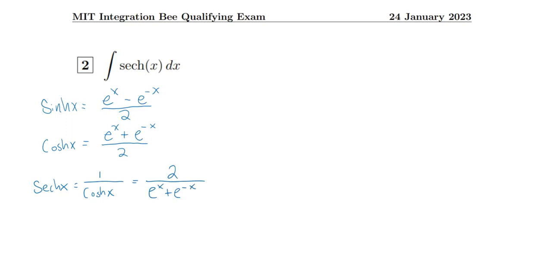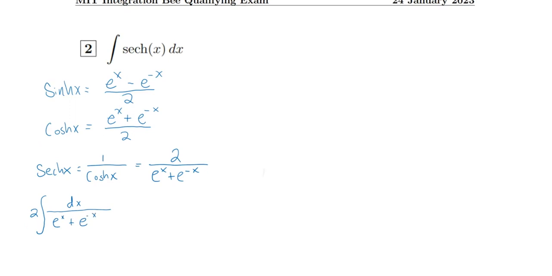So we can rewrite this integral, and I will pull the 2 out to the front. So we get dx over e to the x plus e to the minus x.